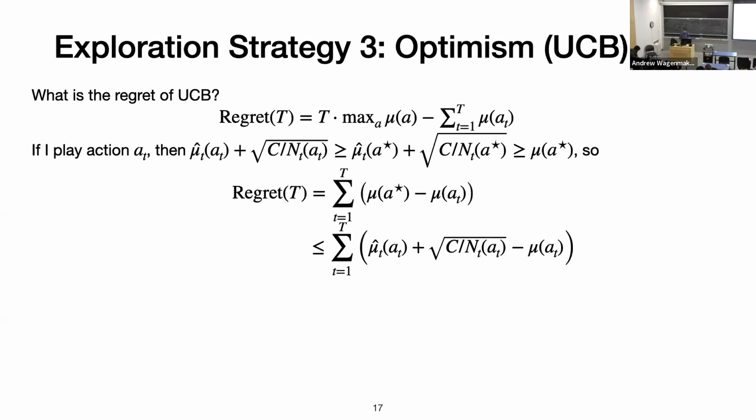I have a negative there, so I get a cancellation: the negative mu hat cancels with the positive mu hat. What I'm left with is that the regret is simply bounded by the width of the confidence interval.